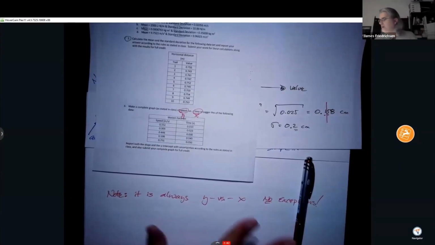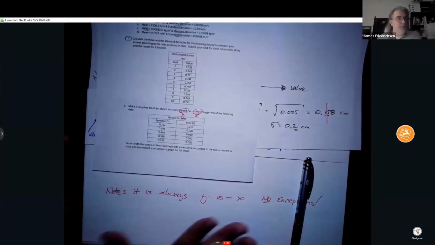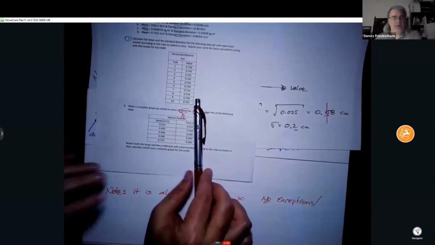Let me go in and open up the Logger Pro program. I'm going to share my screen when I do that. So let me stop sharing here. Come over to here.